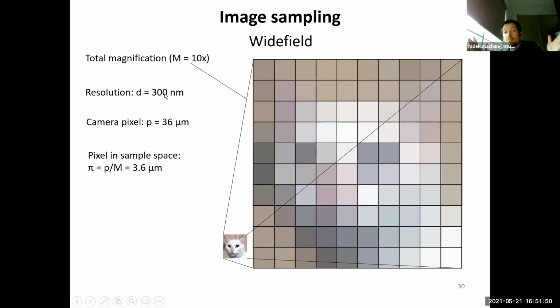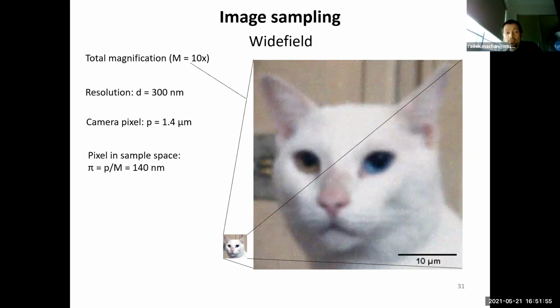That's why I am losing resolution by the sampling. If I take a camera which has smaller pixels, then the pixel would correspond to 140 nanometers in the sample, and that is smaller than the resolution. So I'm not losing any details through the sampling.